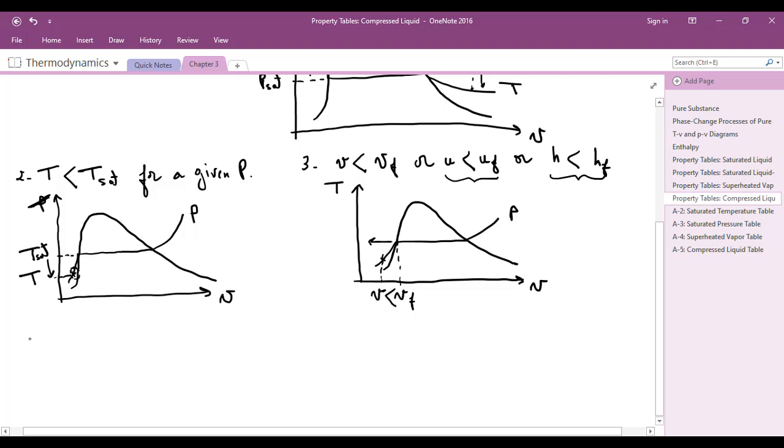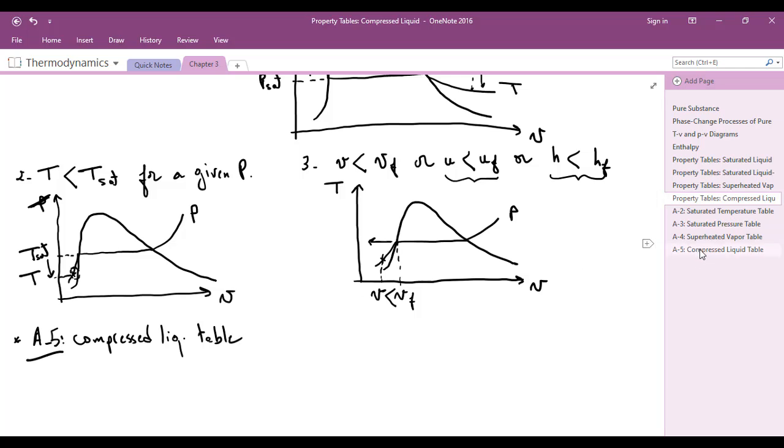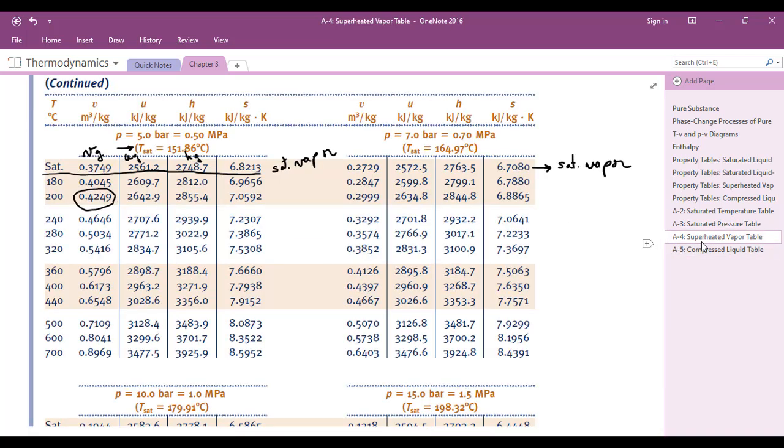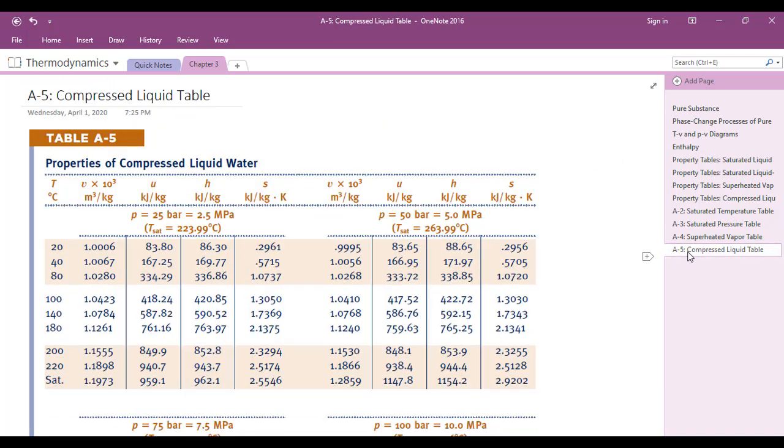For the compressed liquid table, it is table A5 for water, a compressed liquid table. You can see the format of this table. So this is a table for the compressed liquid water, and it has a similar format to table A4, the superheated table.